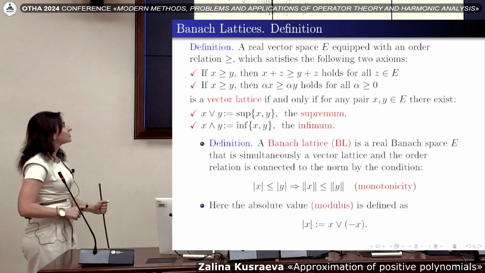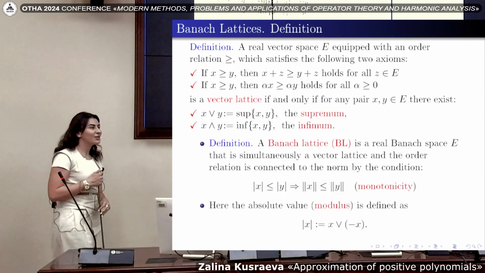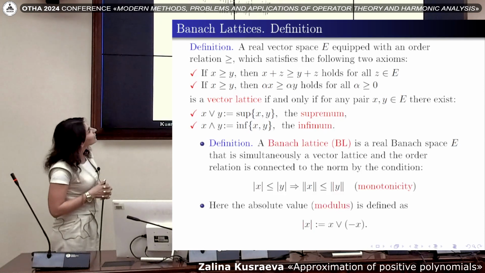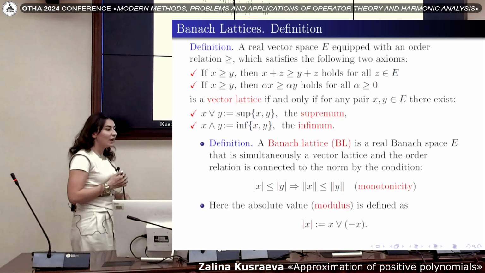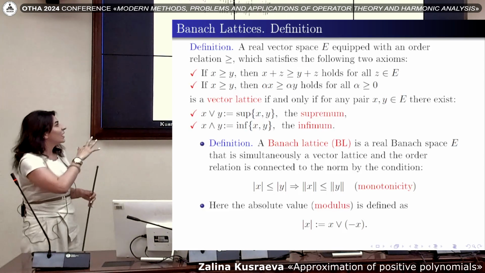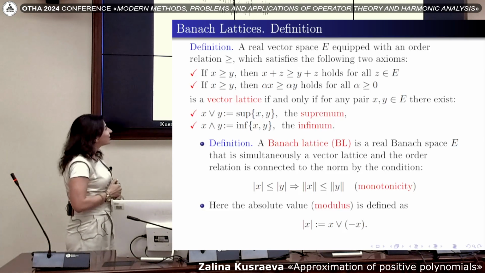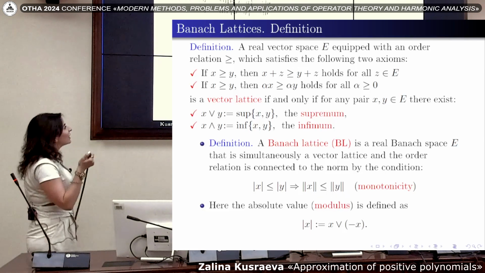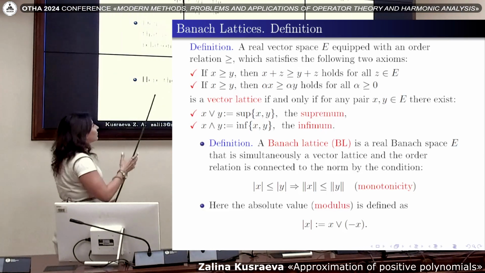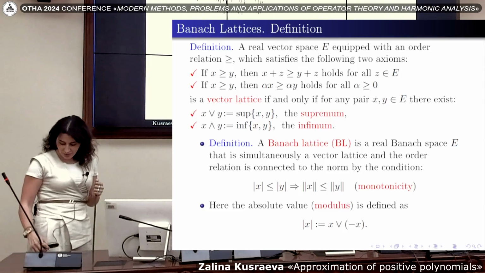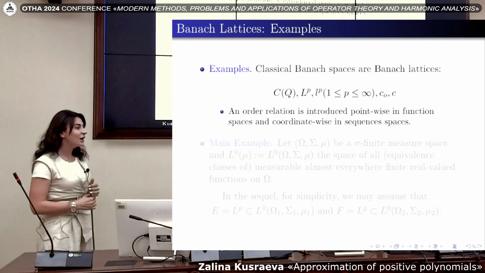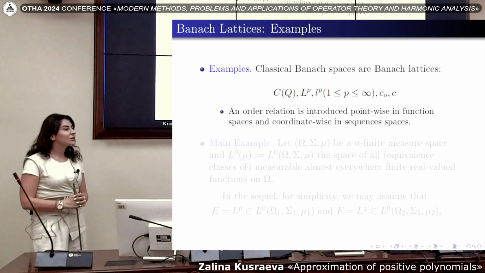As was told yesterday, a Banach lattice is an ordered vector space where for any two elements there exist supremum and infimum, that is, a vector lattice, and a Banach lattice is a Banach space which is also a vector lattice, where the ordering has the property of monotonicity. All classical Banach spaces are Banach lattices, with ordering introduced pointwise.